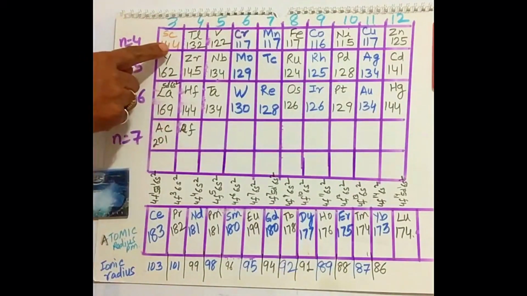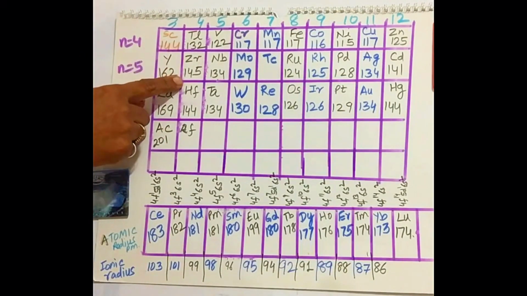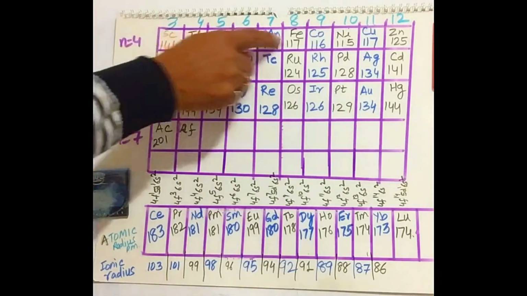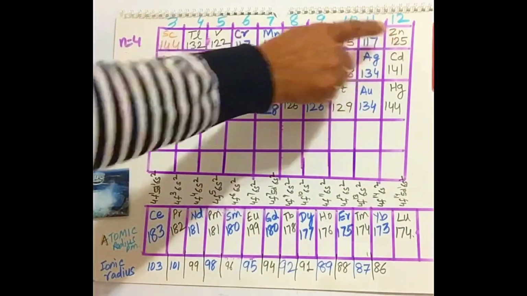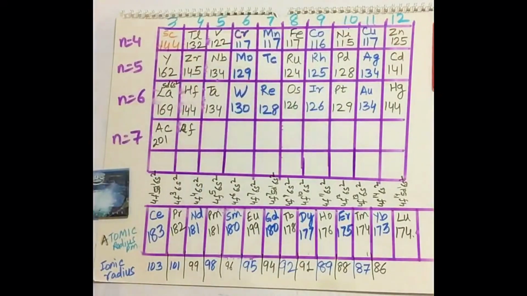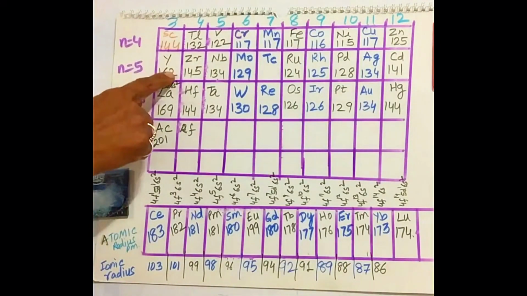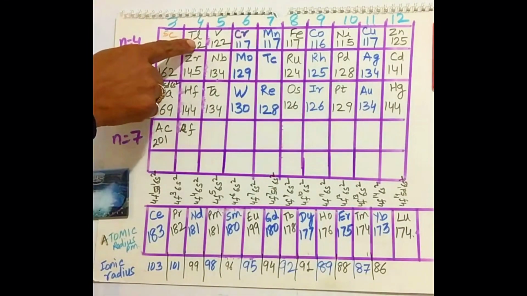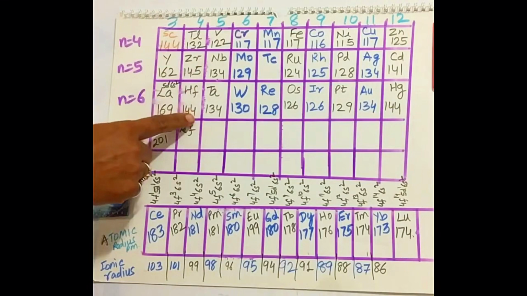If you notice 3D to 4D series. This is actually period number 4, but this is the 3D series because the electrons are entering into the 3D orbital, right? So 144, 162, 169, good so far. Go on, 132, 145, 144.